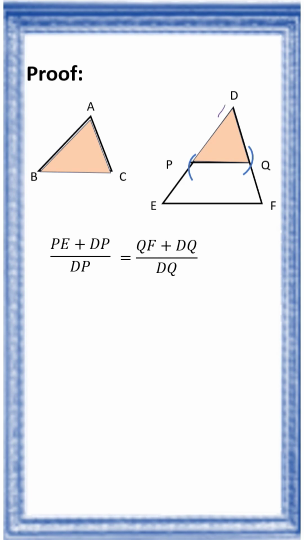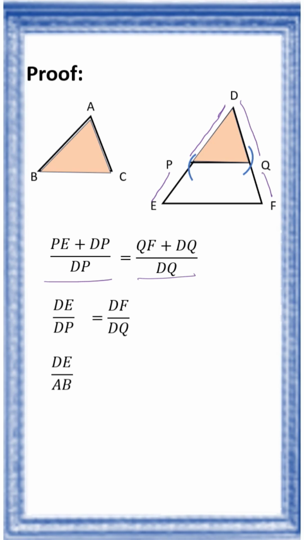What is it? DE in the numerator. So this part becomes DE by DP. Here in RHS, QF plus DQ, observe the figure. What is it? DF. So that is equal to DF by DQ.